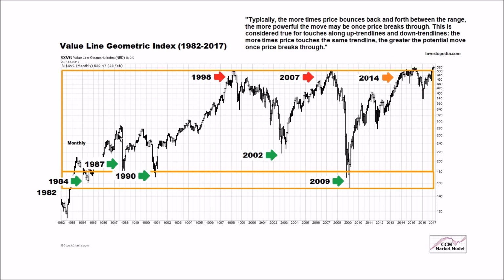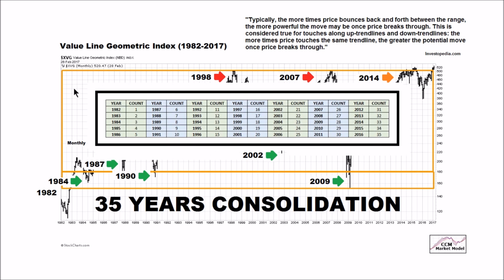We also know the longer a market goes sideways, the bigger the move that we can expect to get when we either get a bullish breakout or a bearish breakdown. And in this case, the Value Line Geometric Index has been consolidating inside of this orange box for 35 years. Here are the years here, and here's what appears to be a bullish breakout.